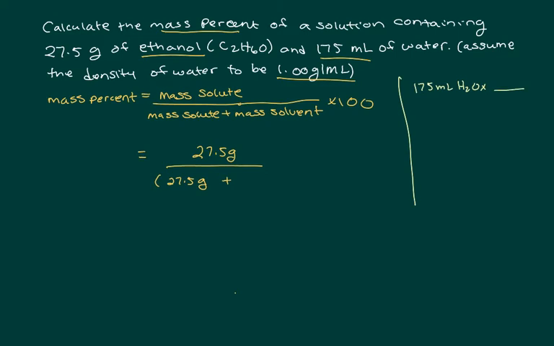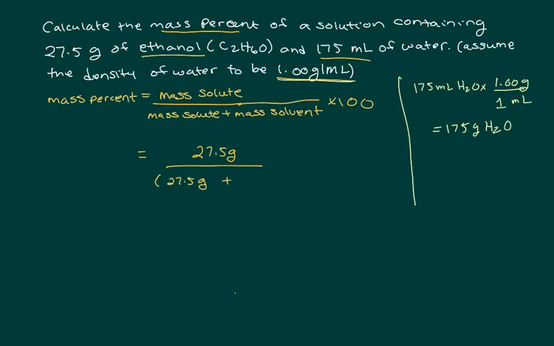So since milliliters is on the top, I'm going to put milliliters on the bottom here. For every 1 mL of water, I should have 1.00 grams. So remember that density is a conversion factor between mass and volume. And so this is simply 175 grams of water.